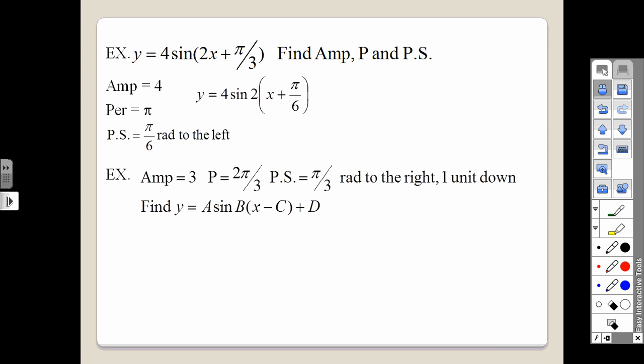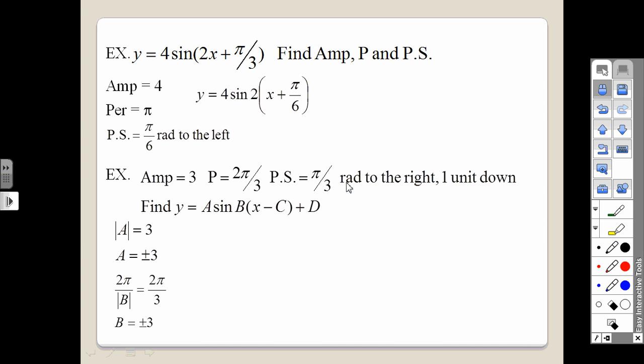Next, you are going to have some problems. We did these before, where they give you the amplitude, period, and phase shift, and you have to come up with the equation. Okay, so amplitude should be fairly straightforward. Period, hopefully, is also straightforward. We've done that before. Phase shift, well, that should also be pretty straightforward.